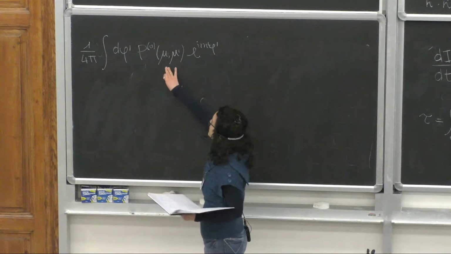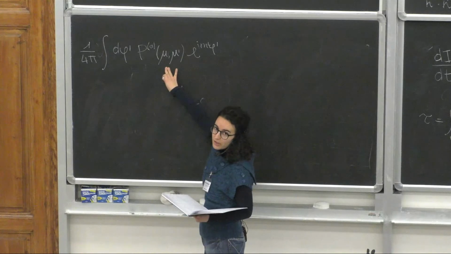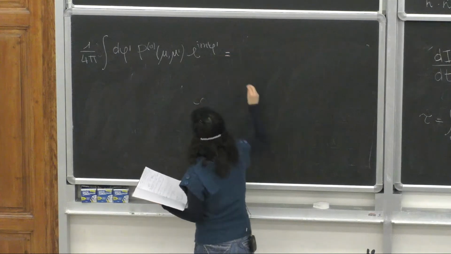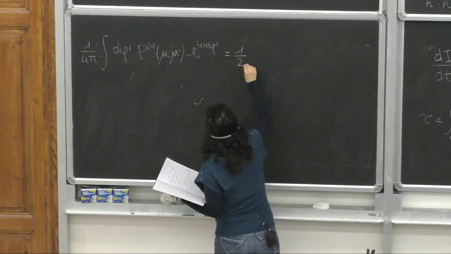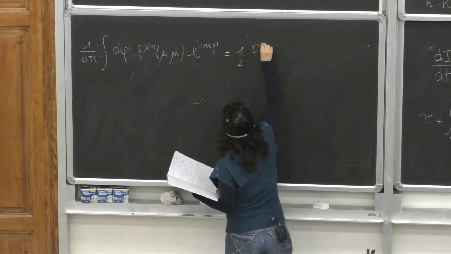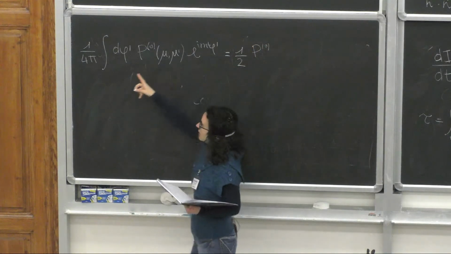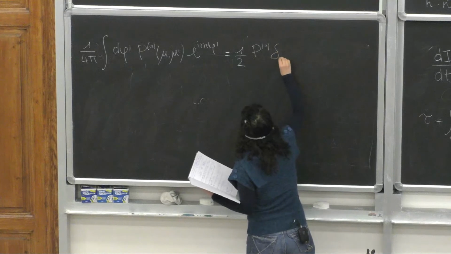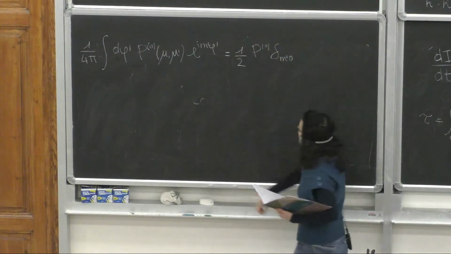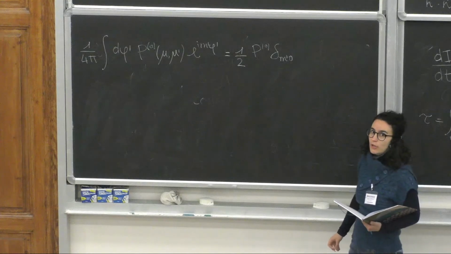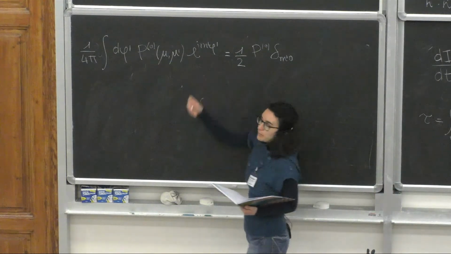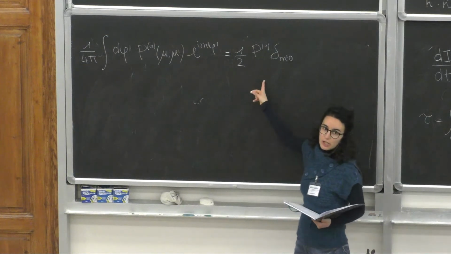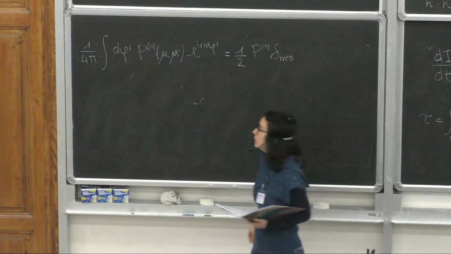And since this can be written as terms which have only m equal to 0, then you can convince yourself that this is simply 1/2 pi 0, which can be taken out because it doesn't have any dependence on phi. And here we will have a delta of m prime, 0. So whenever m prime here is different from 0, then this integration will give us a vanishing result, unless m prime is equal to 0.